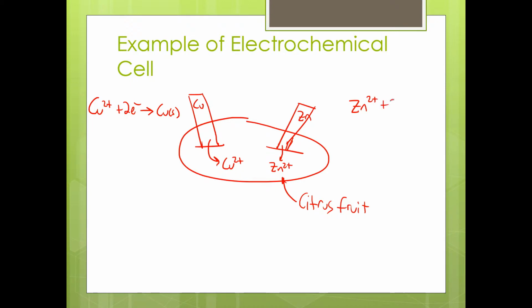The zinc ions have the ability to absorb electrons and turn into zinc. We'll make these equilibriums.